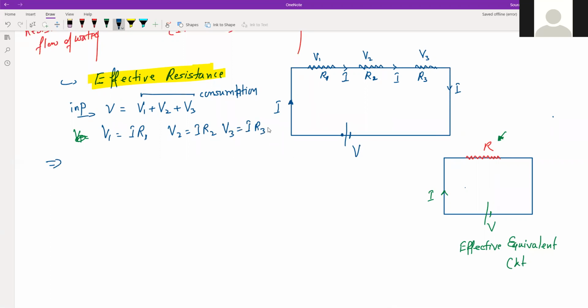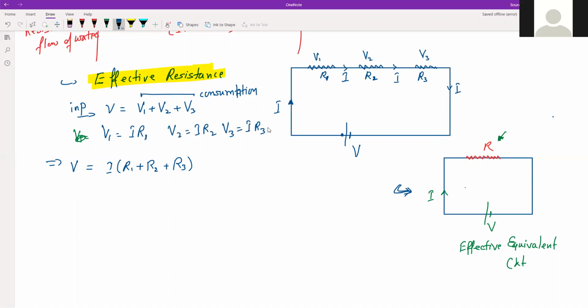That implies that the total potential drop is equal to I into (R1 plus R2 plus R3). Now come to the second part, that is this effective circuit. In this effective circuit, what do we see? We see that instead of three different R's, there is a single R, which should act as this combination.